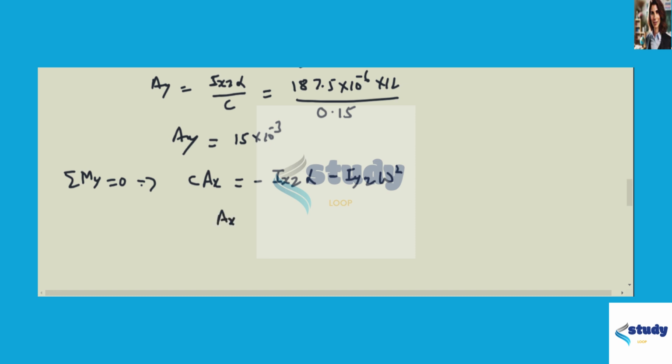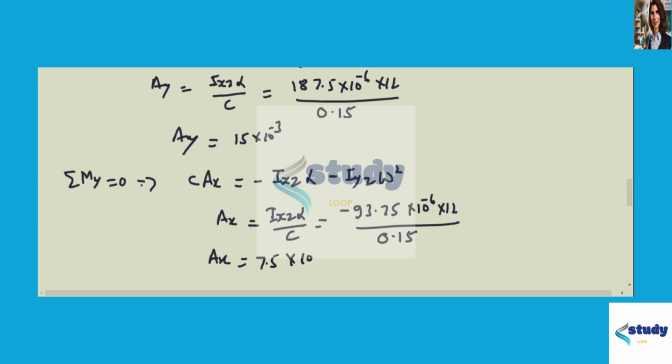So Ax you will get minus Ixz alpha upon C. Now substitute the values: minus 93.75 10 to the power minus 6 into 12 upon C, that is 0.15. So Ax you will get minus 7.5 into 10 to the power of minus 3 Newton.